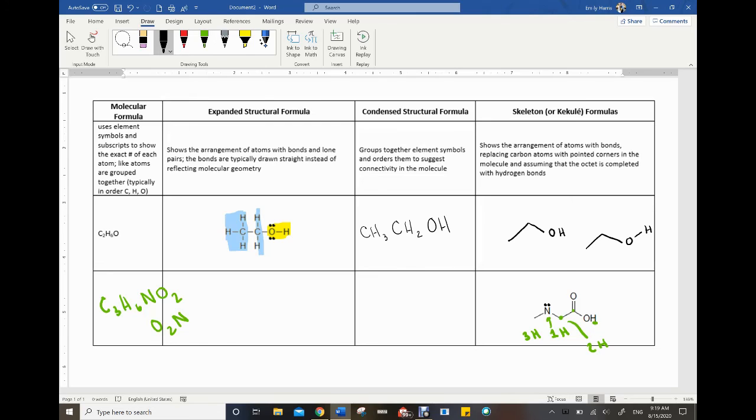So we're going to start from left to right, and then we're going to start with this carbon that we've already said has 3 hydrogens attached. So let's get those 3 hydrogens in there. Then we come to our nitrogen, which has a lone pair, but we said it also has 1 hydrogen that's understood to be attached.